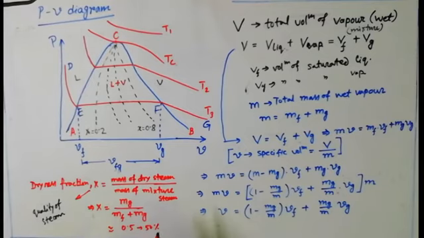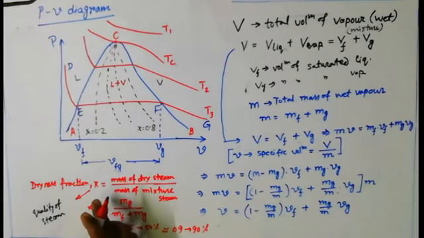That is not good quality steam. But similarly, if we consider the dryness fraction is 0.9, that is 90%, then we can consider it very good quality steam, because 90% out of 100 is completely dry steam. That is good quality steam. So that is why the quality of steam can be judged by this factor known as the dryness fraction.